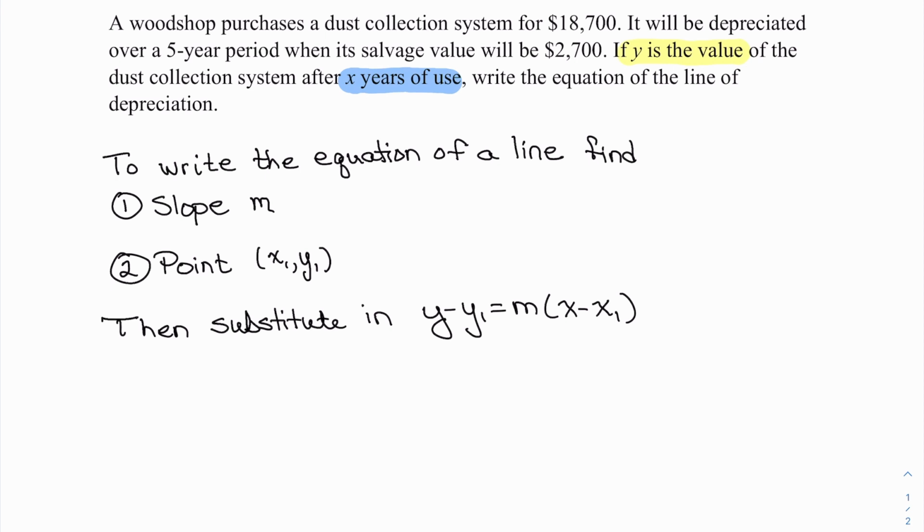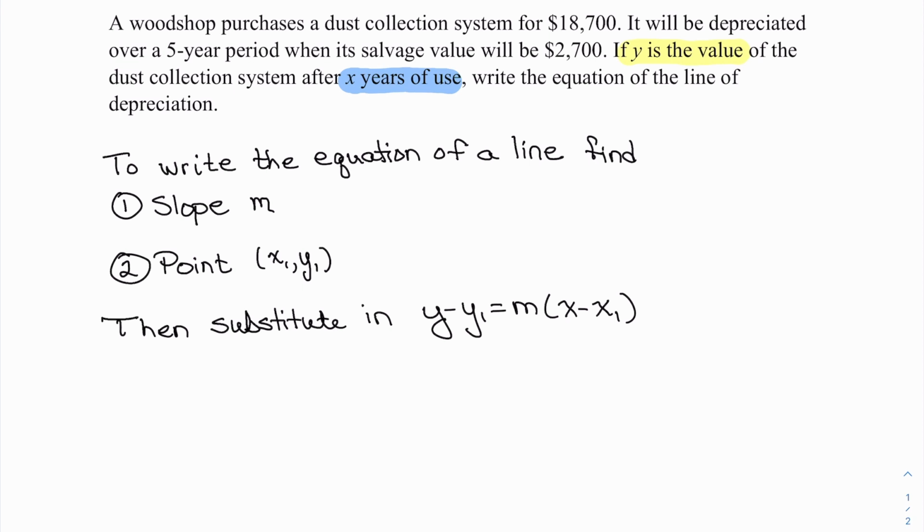When we look for the things that talk about the years of use, it purchases the dust collection system for $18,700, so that is our 0 years of use. And then it will be depreciated over a 5-year period.